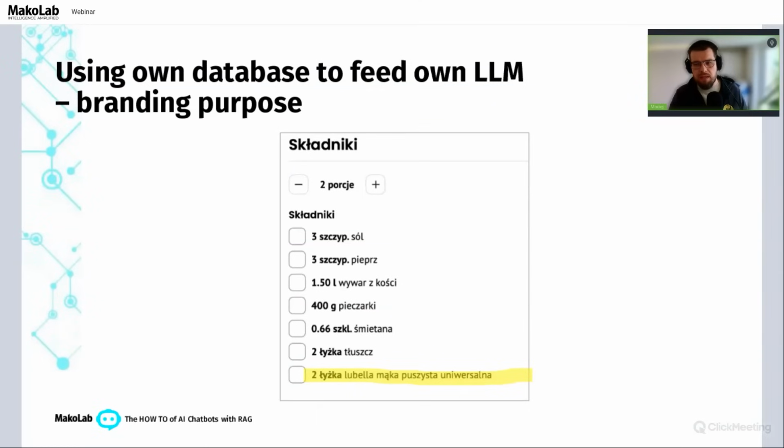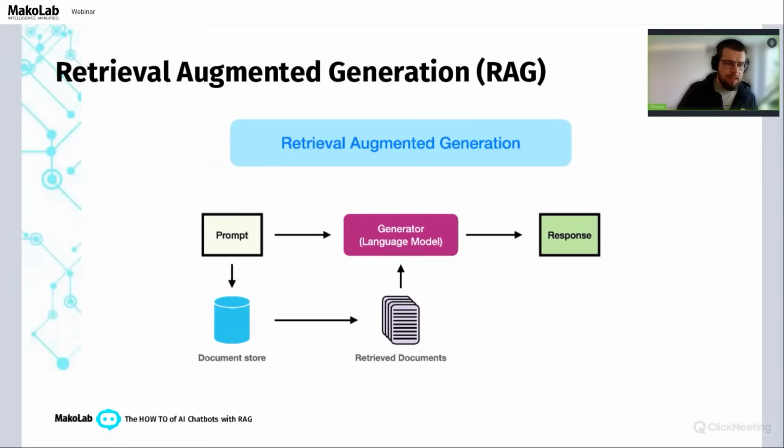So how do we use our recipe database with our LLM? And the answer here is RAG. The technology is in fact very simple. I'd say even genius in its simplicity. In RAGs, we don't train anything. The training is resource and time consuming.